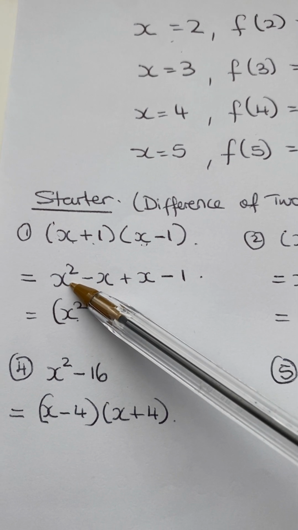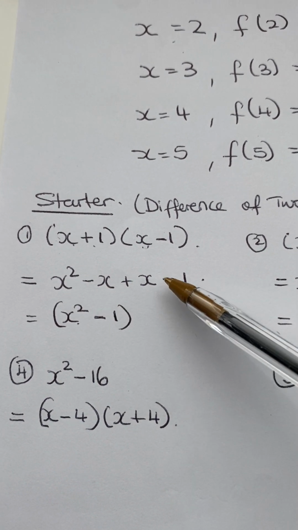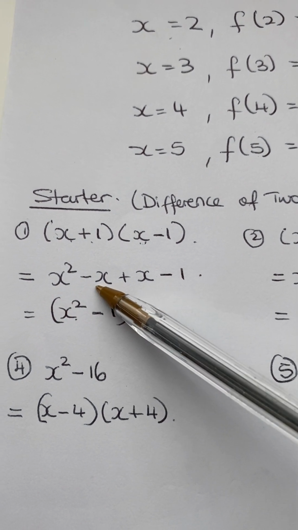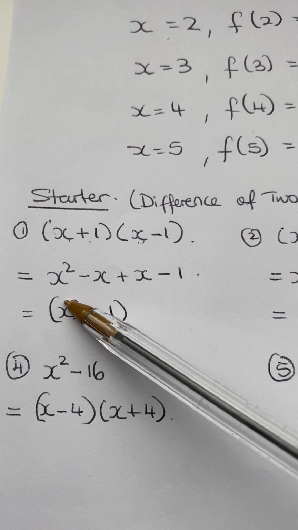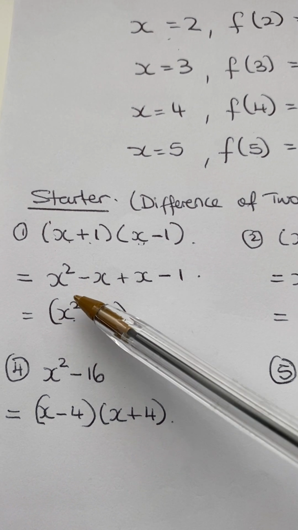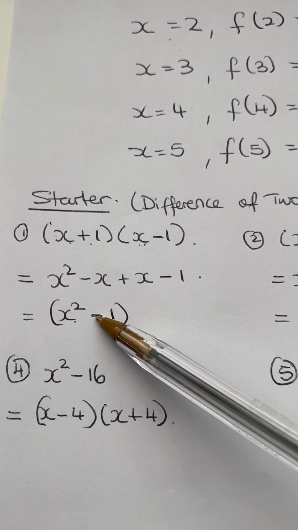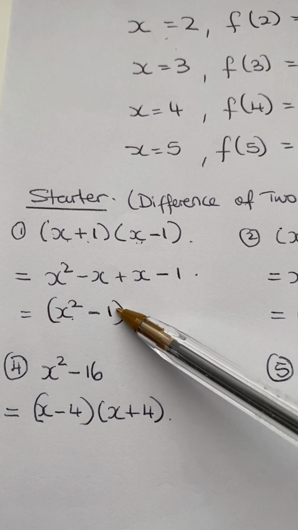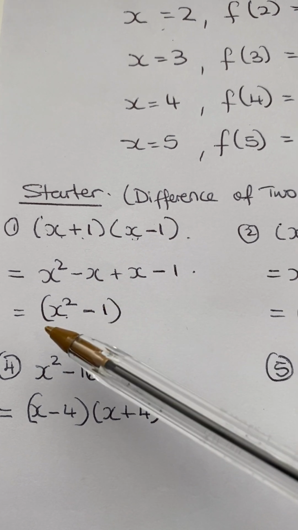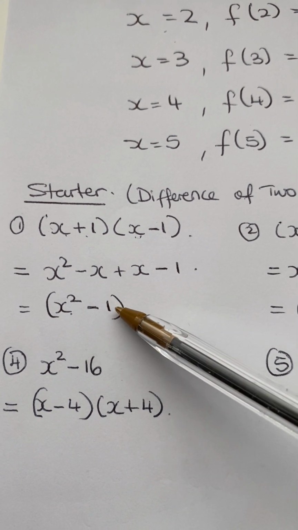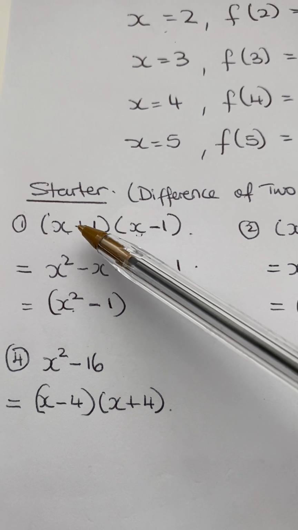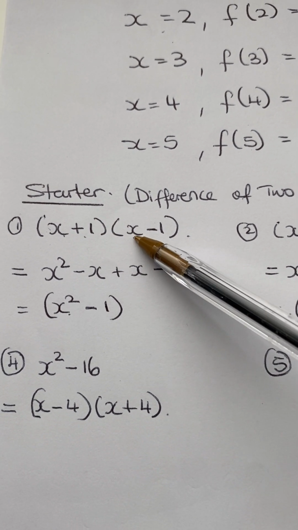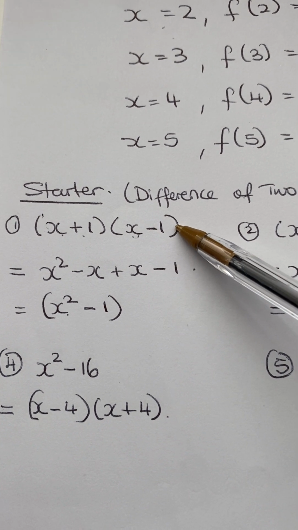So our answer is x squared minus 1. So this is where the name comes from, the difference of two squares. x squared minus 1 squared, and 1 squared is also equal to 1. So x squared minus 1 should give you (x plus 1)(x minus 1).